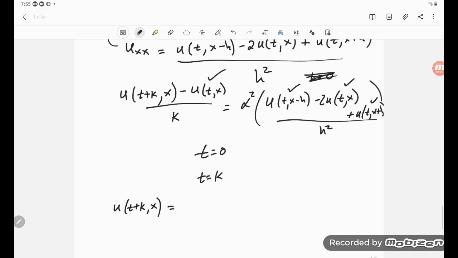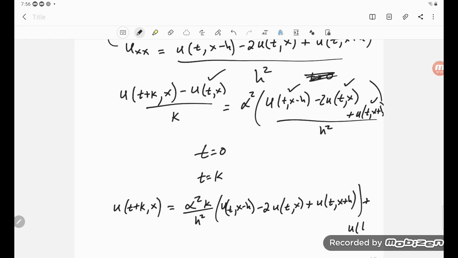And so I'll do that, and I'll get alpha squared times k over h squared, and then times u of t, x minus h, minus 2 u of t, x, plus u of t, x plus h, and we've got that, and then plus u of t, x.